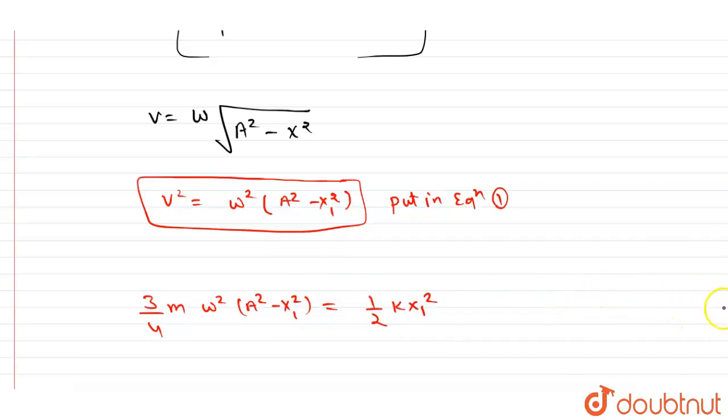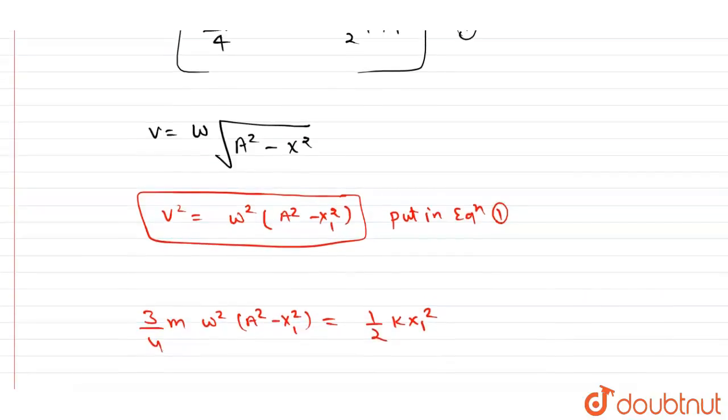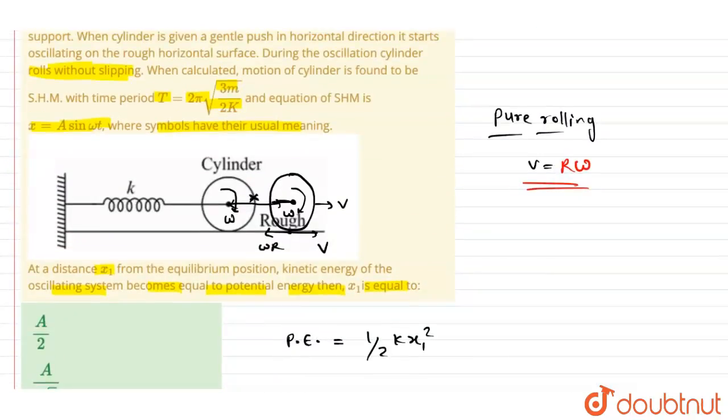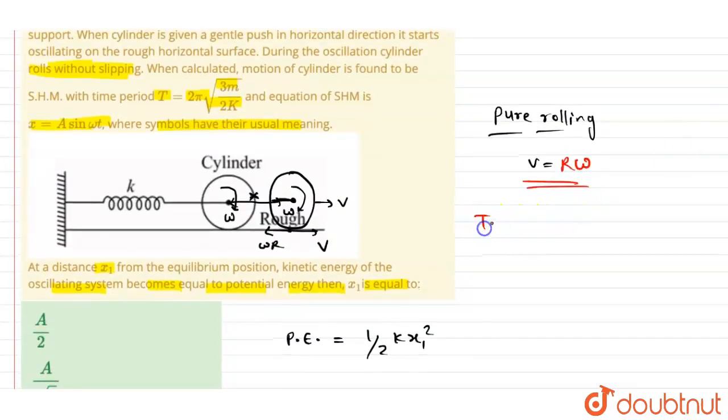So now try to find the omega. Omega can be found out as we have been given the time period. Time period can be written as 2 pi by omega. Here we have given T equals 2 pi root of 3m by 2k. This shows that the omega will be root of 2k by 3m.